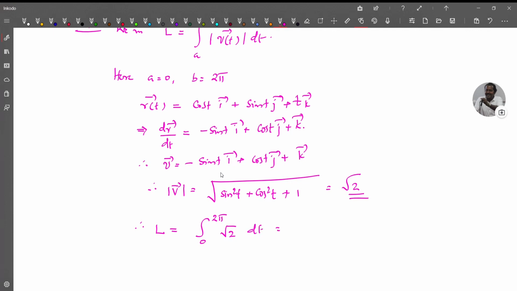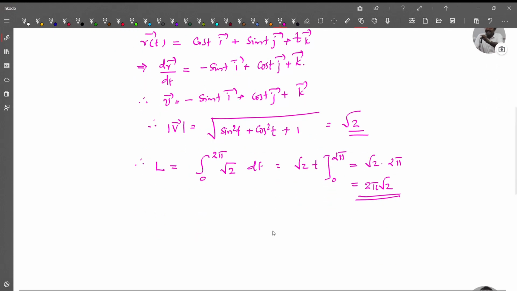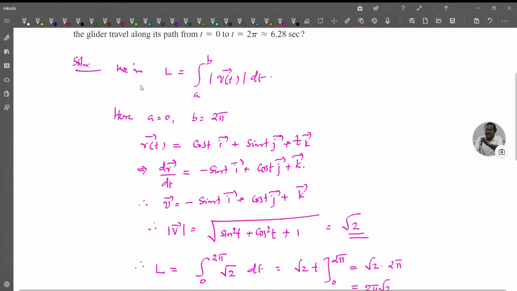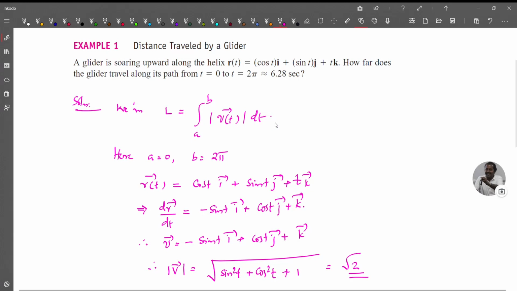So this is root 2 into t from 0 to 2 pi, which is root 2 into 2 pi. So this is 2 pi root 2. That is the arc length, or the distance travelled by the glider along the helix over the time interval 0 to 2 pi.